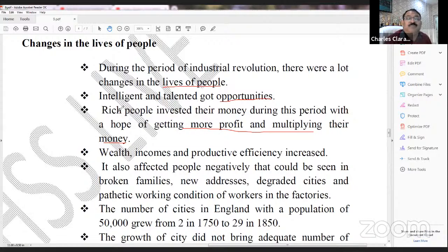So remember, talent and intelligence is sometimes more than money. So if you only think that money is going to help you, no. Money will always be produced. From the time of hunters, somebody hunts and he's hunted more food than he requires. In the same way, some people will have more than they require.